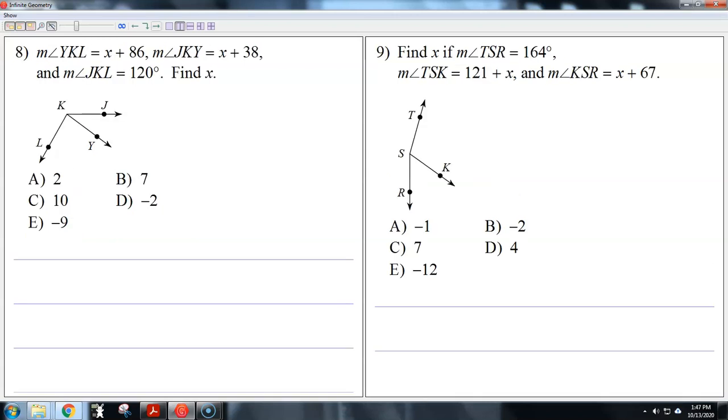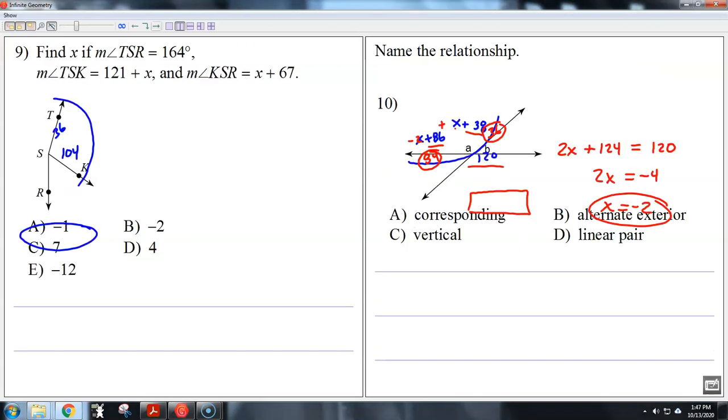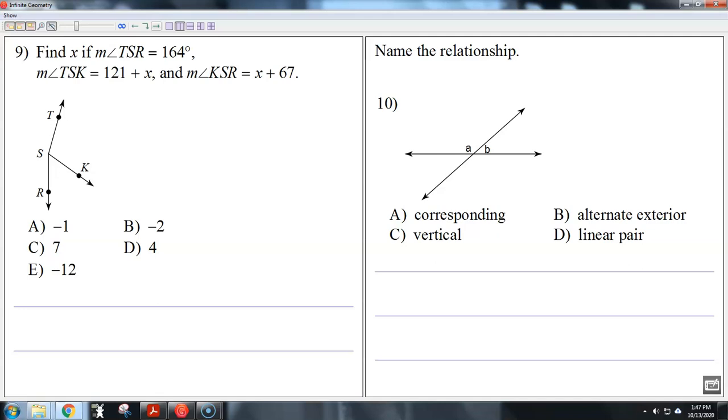9 and 10. TSR is 164. That's the whole thing, 164. TSK is 121 plus x. And KSR is x plus 67. Again, I need to add these two angles together.